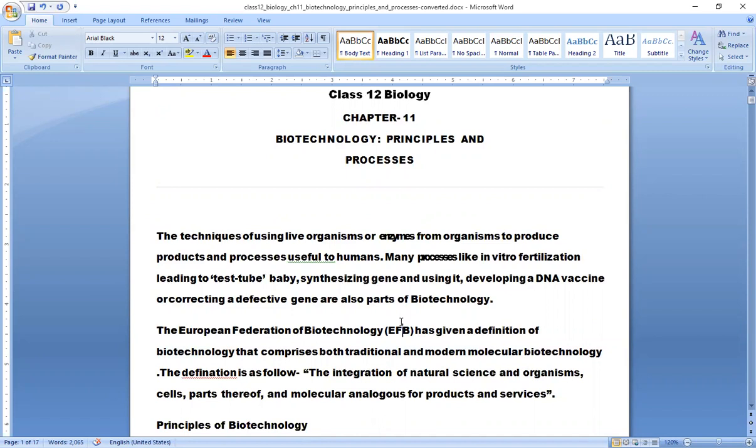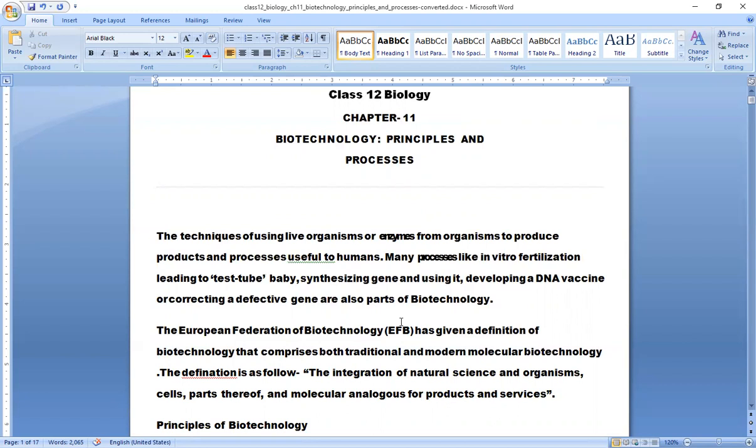Many processes like in vitro fertilization, leading to test tube baby, synthesizing a gene and using it, developing a DNA vaccine or correcting a defective gene are also parts of biotechnology. Nowadays, you have seen that in vitro fertilization methods are very useful, which is leading to test tube babies, and this has been carried out by the process of biotechnology.